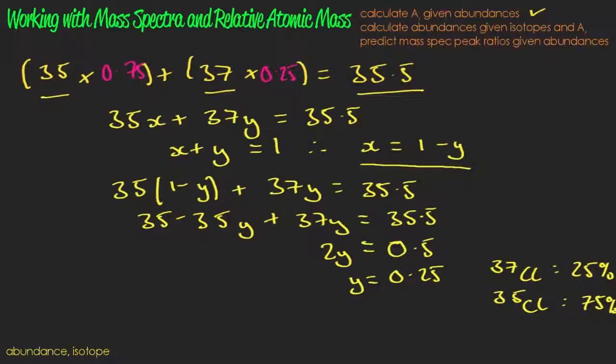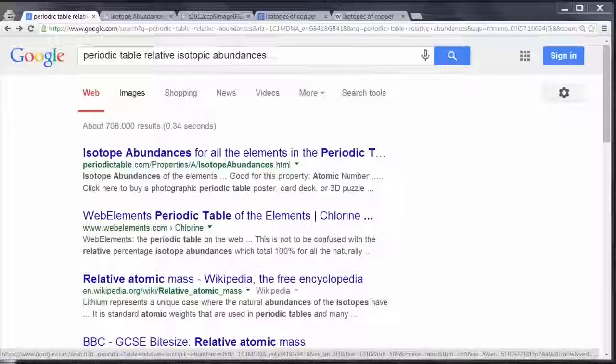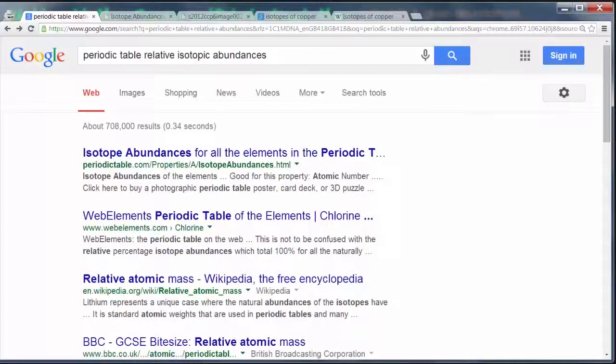So let's just clear this away for the moment. If you pop into Google something along the lines of periodic table, relative isotopic abundances, I'll leave links to these on the video if I can.